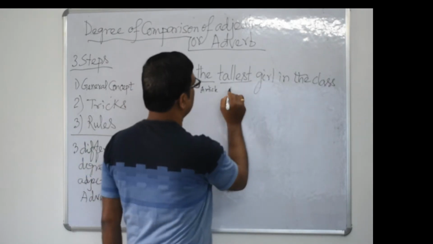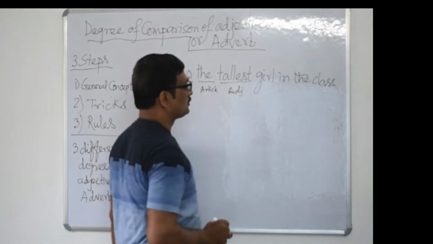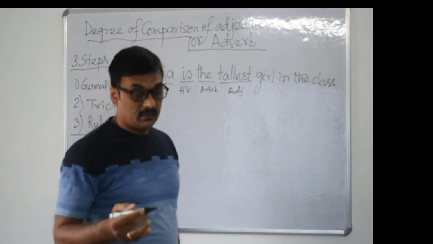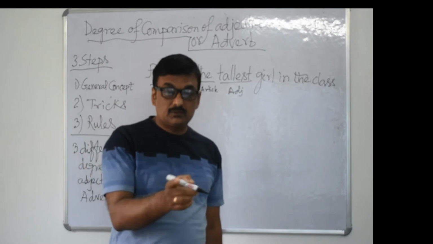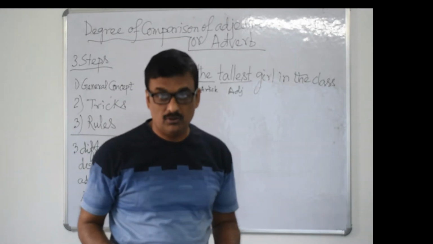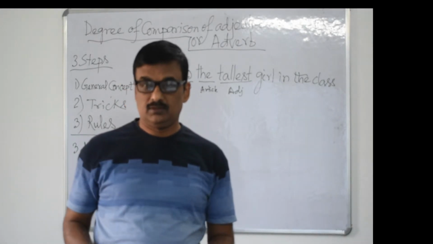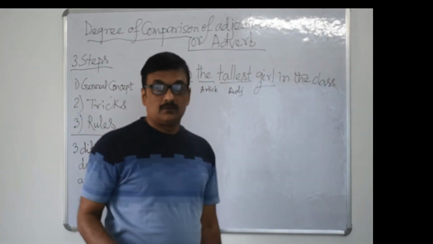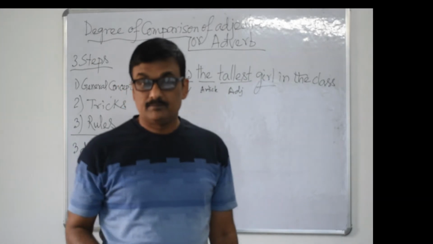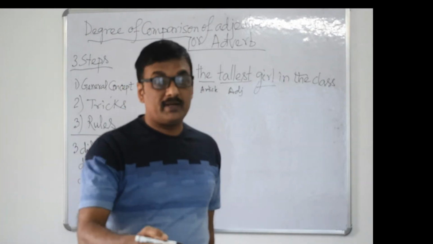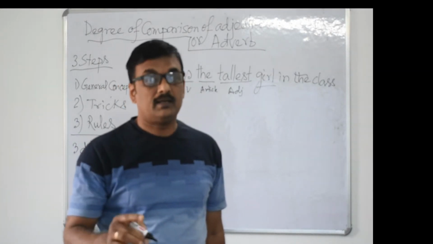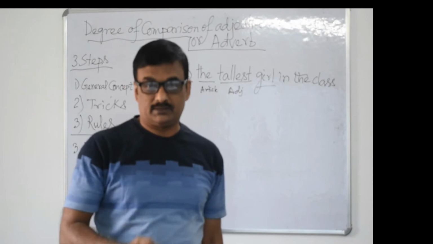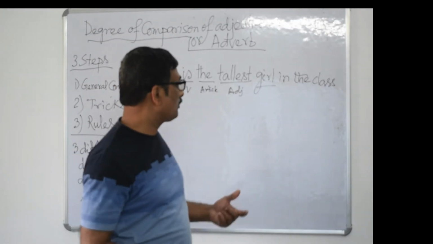We know that the other 2 forms of adjective are tall, taller, tallest. So tall is the adjective. It has this comparative form, that is taller, and this superlative form, that is tallest. So now, how to convert this?